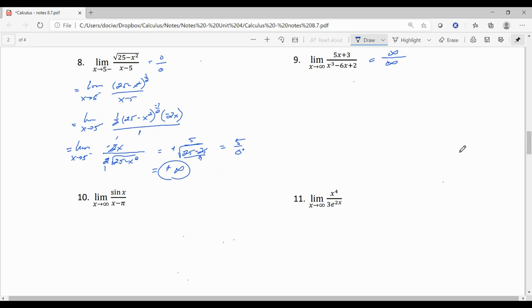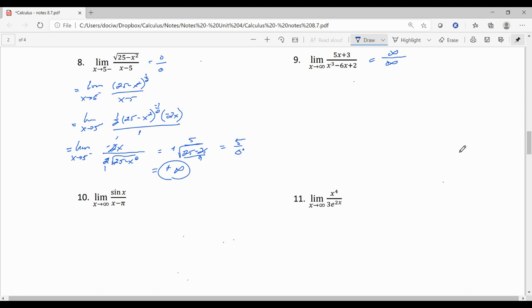And again, infinity divided by infinity, a quantity 5x plus 3 that's getting infinitely larger, divided by the quantity x cubed minus 6x plus 2 that's also getting infinitely larger, is not necessarily going to be approaching 1, because notice that they're getting infinitely larger at different rates. The denominator has an x cubed. It's going to be approaching infinity much faster than the numerator, so we can actually think about that, right?